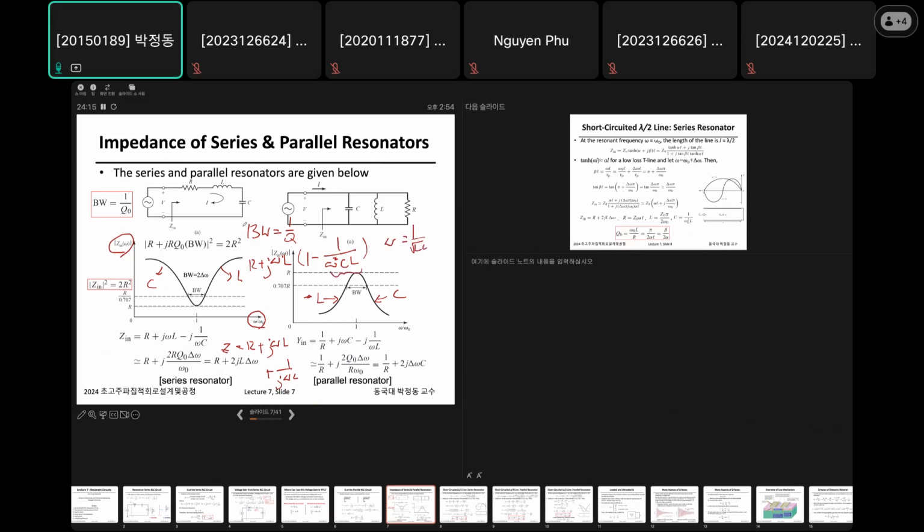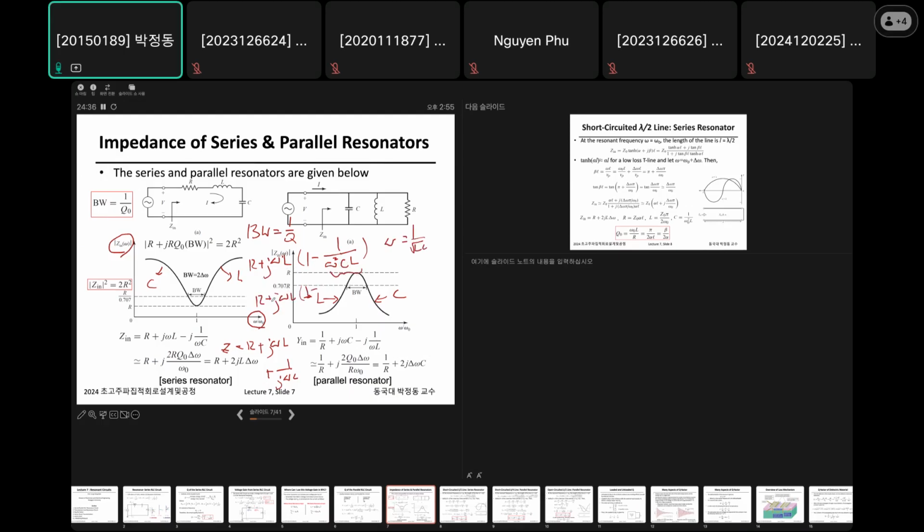So if I express this, R plus j omega L times (1 minus omega 0 squared over omega squared).